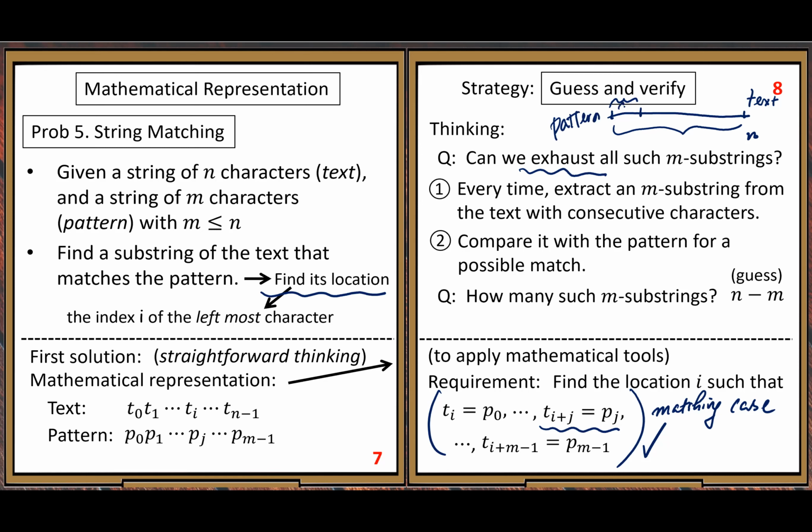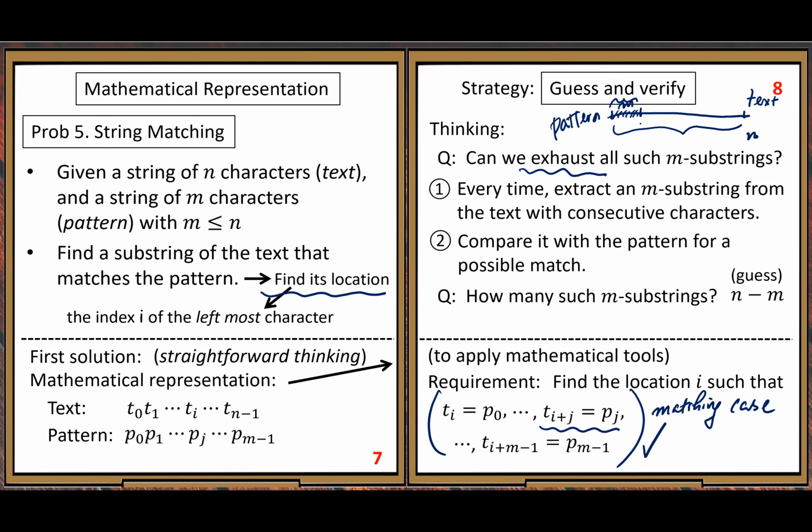The length is N. So the first substring, when you start from the left, you take M consecutive characters from the leftmost point to get started.